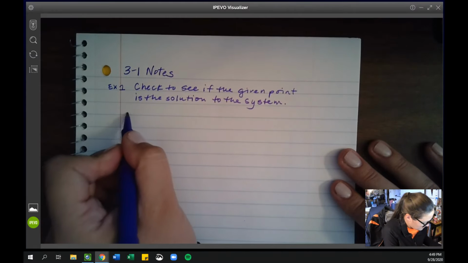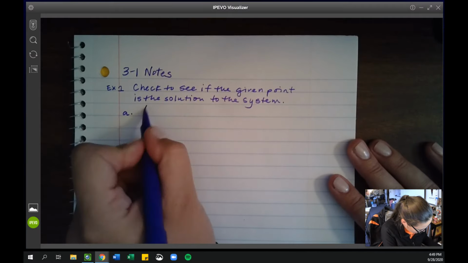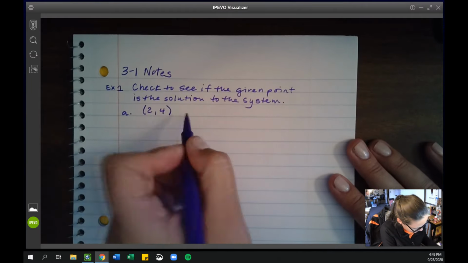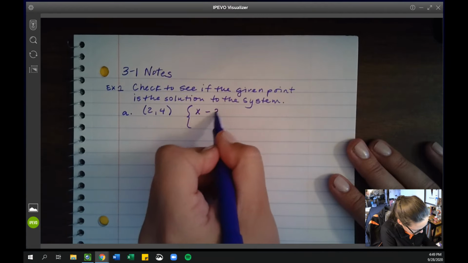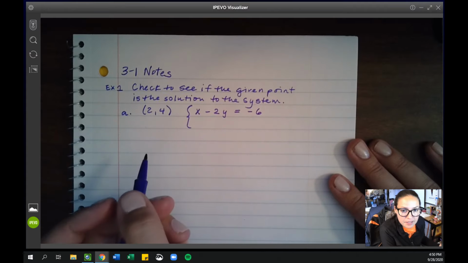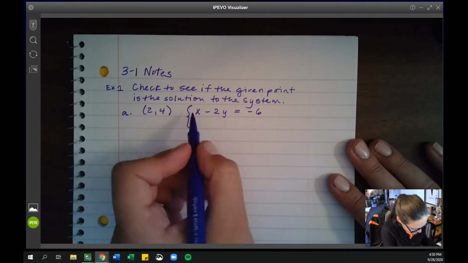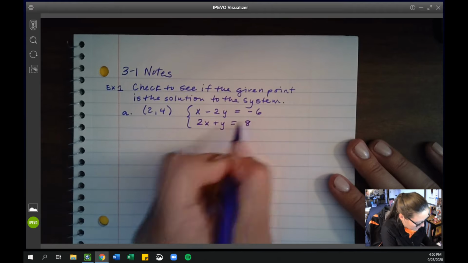So, part A. Let's say I have the point 2, 4, and I want to see if 2, 4 is the solution to this system here. x minus 2y equals negative 6, and 2x plus y equals 8.